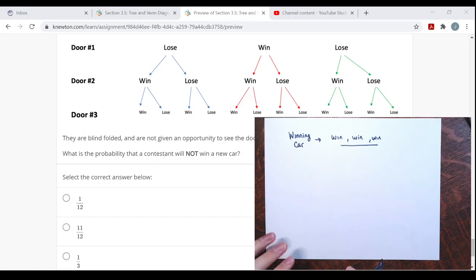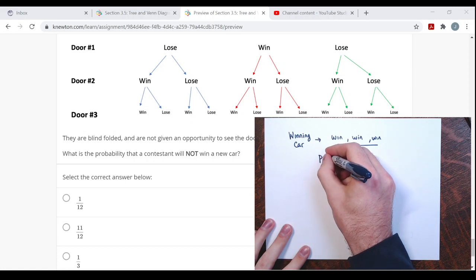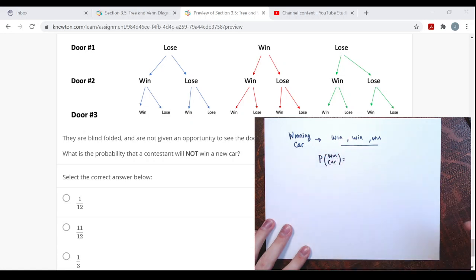So what's the probability of winning the car? So how many ways can we win the car? Now looking back, hopefully you can see my cursor moving around on the tree here. How many of these paths, right, these 12 paths from door 1 to door 3 have win, then win, then win? Well, not these ones that start with lose, obviously. So I start here, win, then there's the win there, and then there's the win.